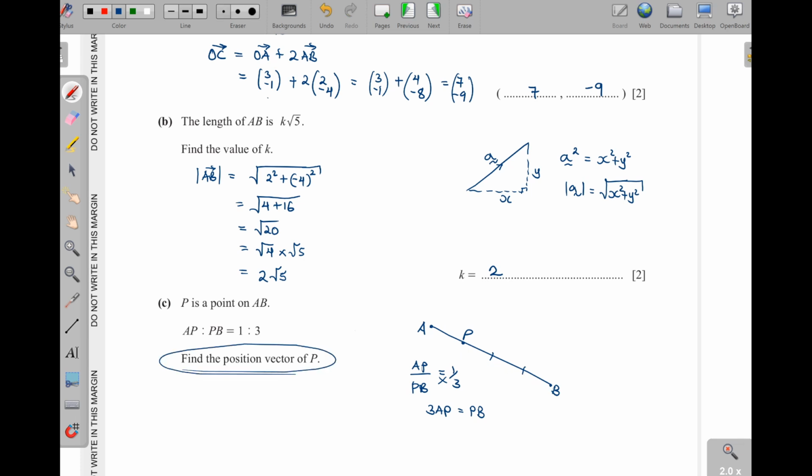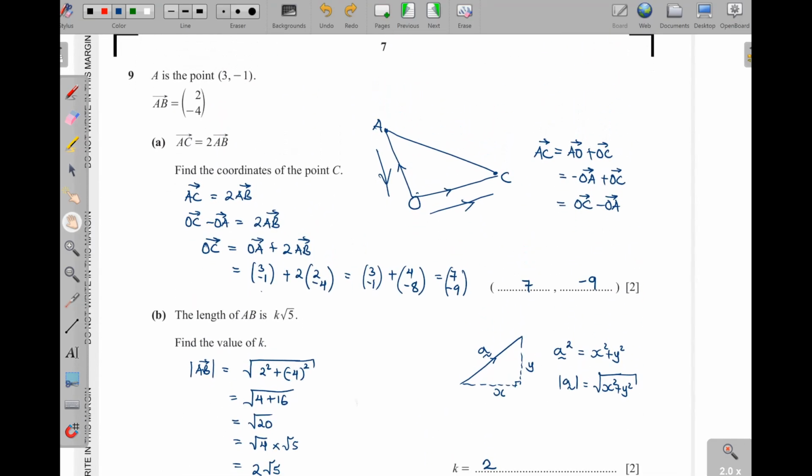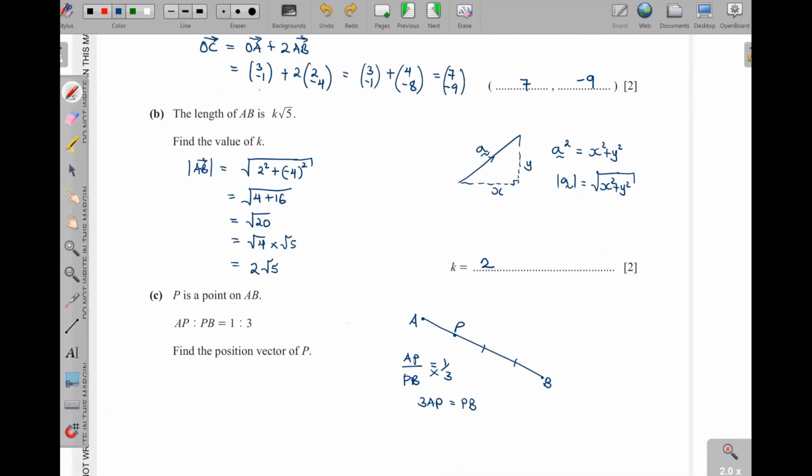Now they want a position vector of OP. So, do we have B? We don't have B, right? The coordinates of B, because I would have used this one is OP minus OA, this is OB minus OP, but we don't have B. So what I can do is to use AB, which I'm given. So AB is actually equal to AP, then plus PB.